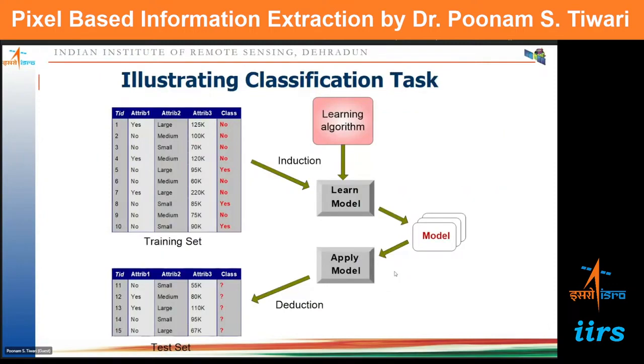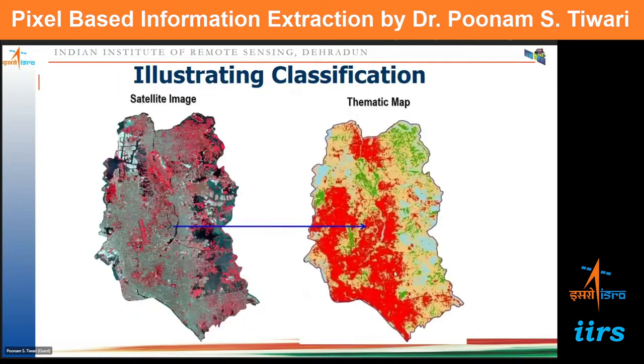This is the normal task of image classification, in which we take some training data, make the model learn from it, and then apply the trained model to get the results. This is how the classification is carried out.